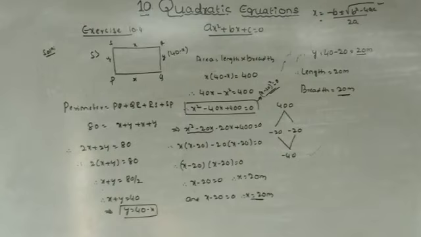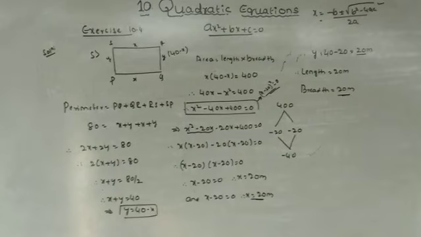Now we can use any method. This is not compulsory. We have three methods, so better use the easiest one. X square minus 20X minus 20X plus 400. Why? Because we easily get the factors. Product is 400, sum is minus 40, so the factors are minus 20 and minus 20.